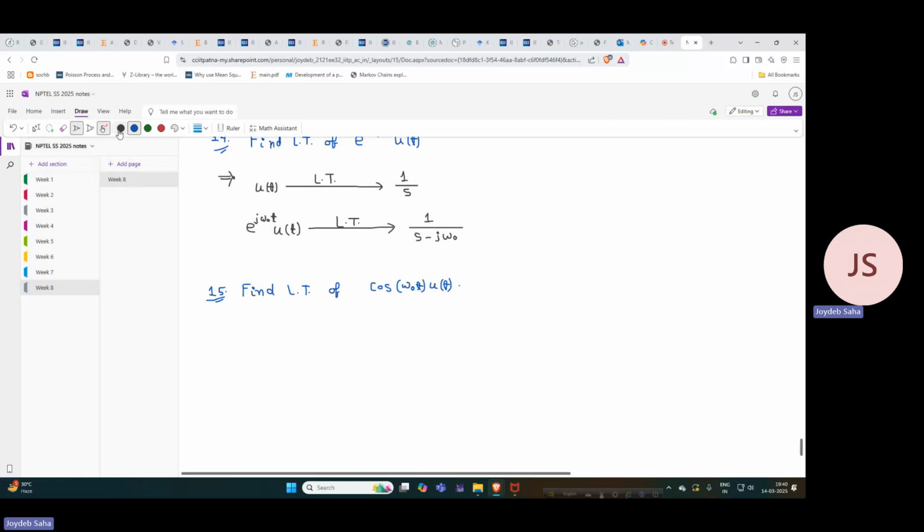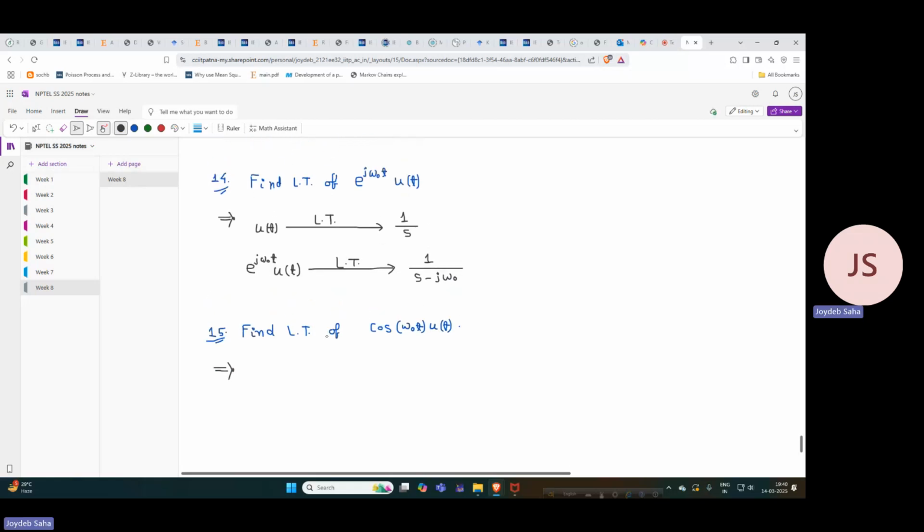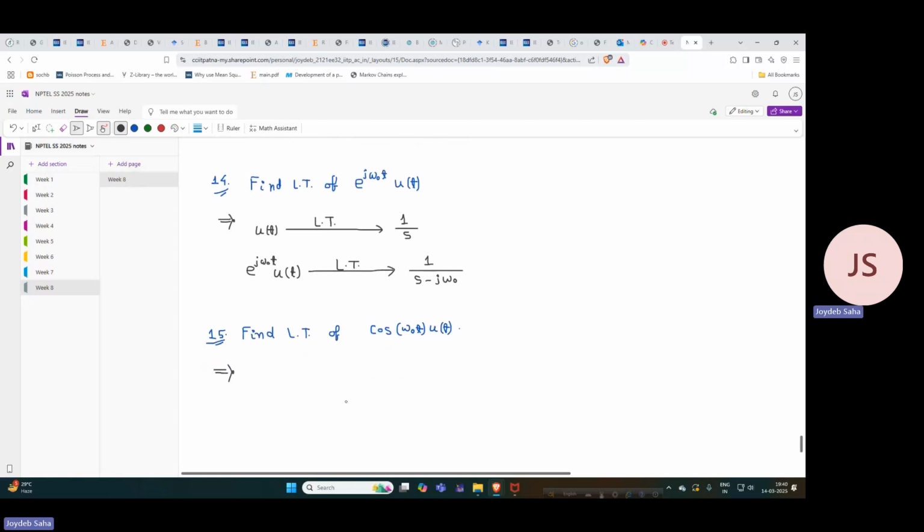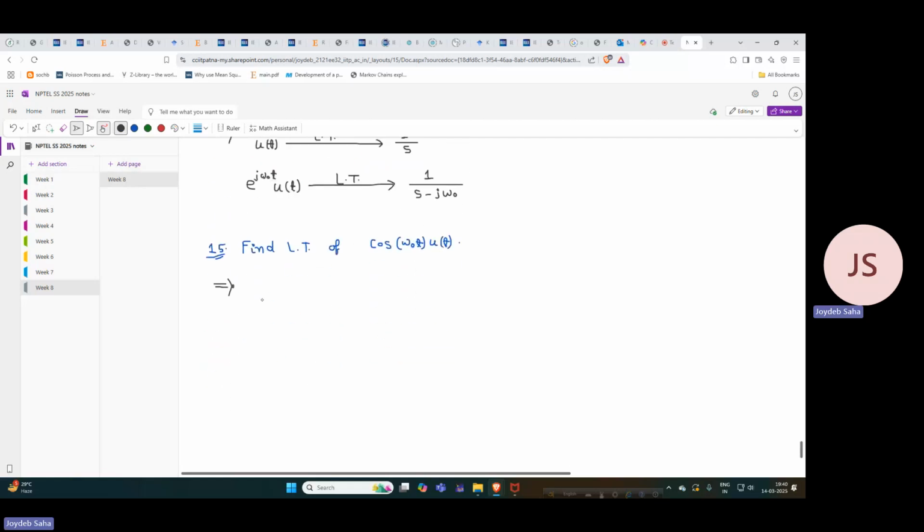Okay, let us solve it for you. We need these two results first to solve this problem. Why? Can we break cos omega 0 t into two parts?